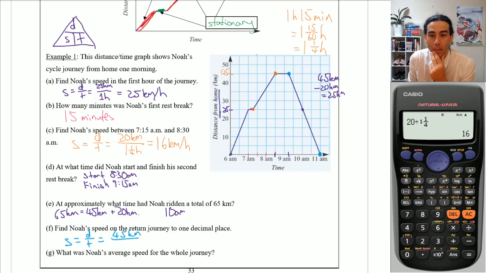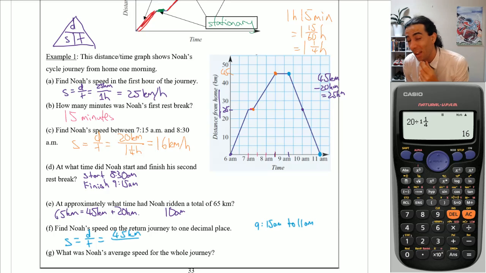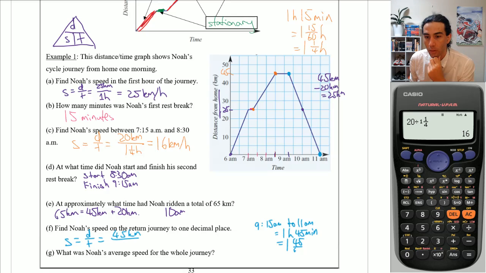It starts at 9:15 a.m. to 11 a.m. That's 1 hour and 45 minutes, which is 1 and 45 over 60 hours, which is 1 3/4. So 45 over 1 and 3/4 hours.